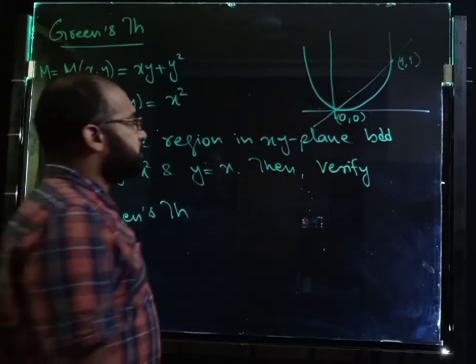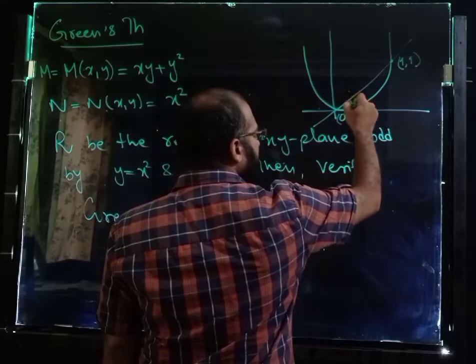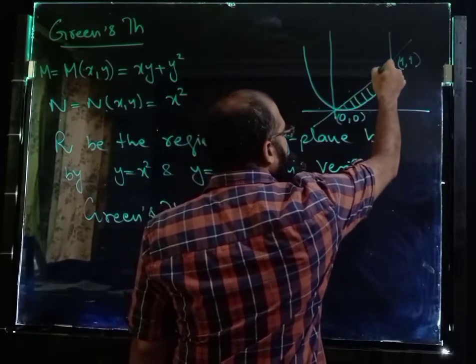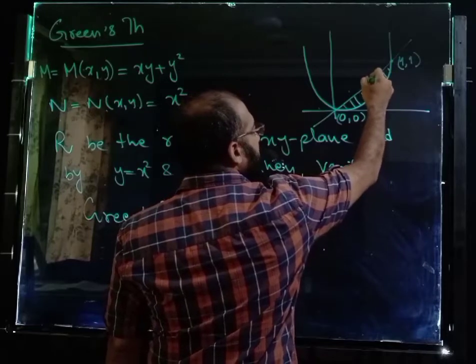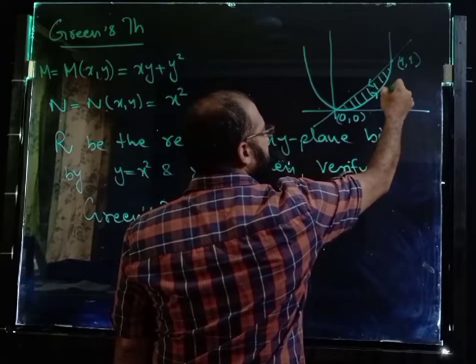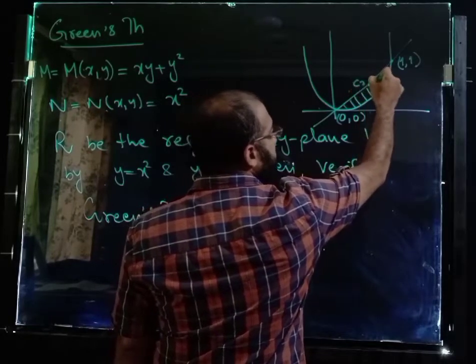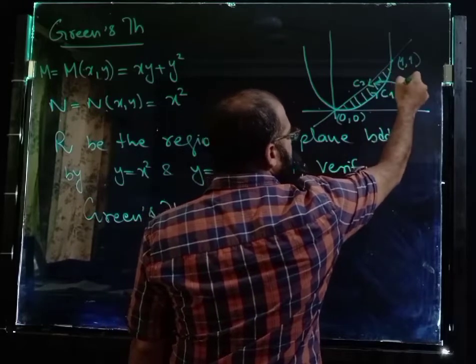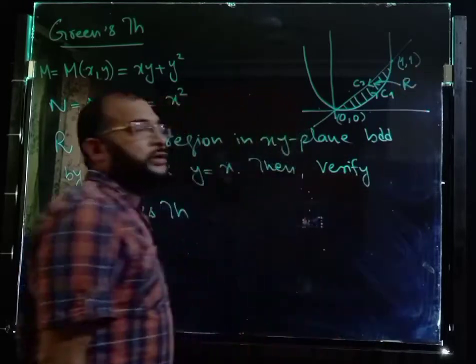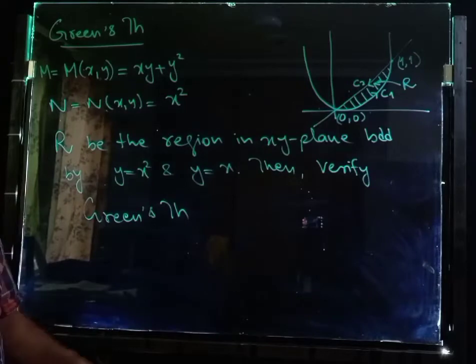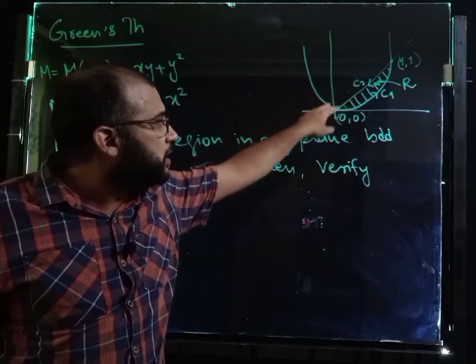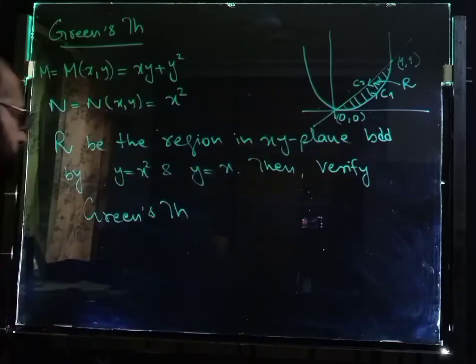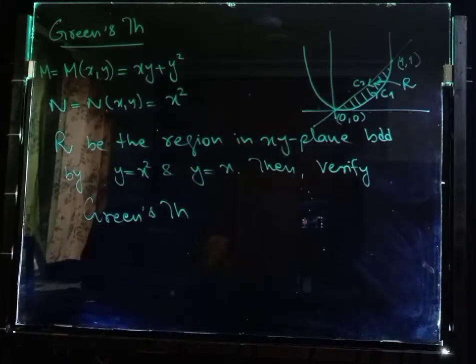So this region R is bounded by this one and this one. Let's say this is C1, this is C2, and the region between them we say R. This is the region bounded by the closed curve, and this closed curve is obtained by C1 and C2. So we have to verify Green theorem.